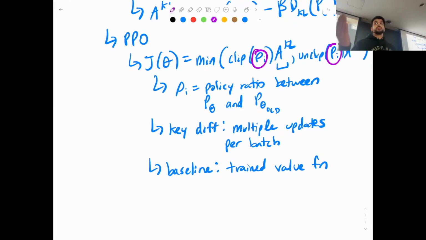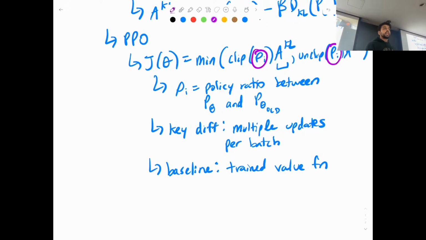So intuitively, if our advantage is above 0, that means it's positive, meaning this particular token is better than usual. So we want to increase its probability. We can do that by increasing the policy ratio. So we are backpropping through the policy ratio, specifically the numerator, which is the probability of that token. So what does the J function represent then?